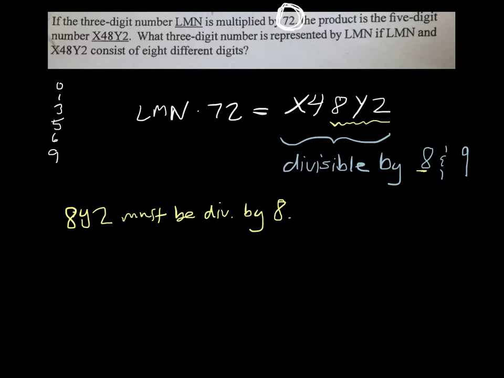To make 8y2 divisible by 8, we can select from any of these digits here: 0, 1, 3, 5, 6, 9 can be y.